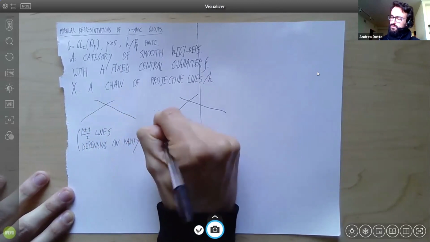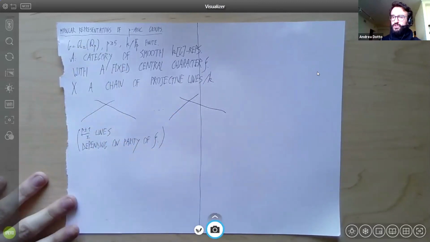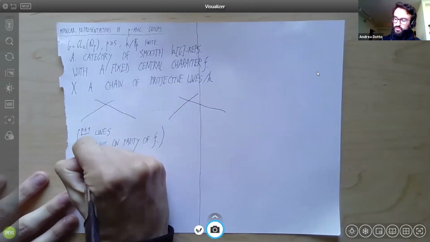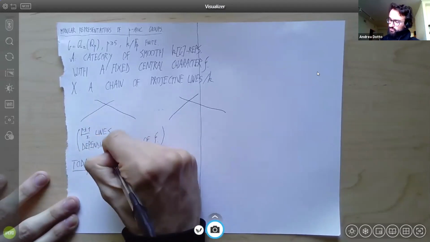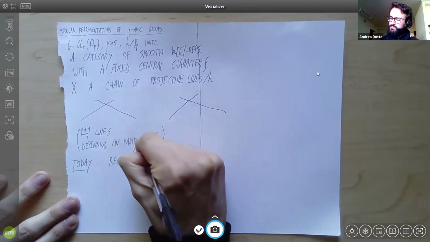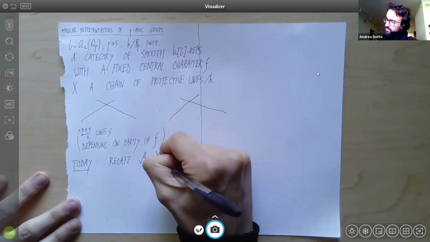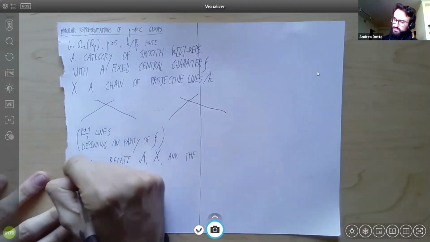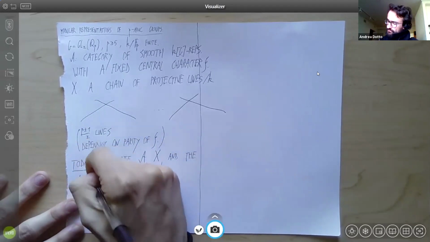And today's talk is about relating these two objects and also introducing a third player in this game. And the third player is going to be a moduli space of Galois representations. So today I want to relate this category A, this projective variety X, and the moduli space of two-dimensional modular representations of the absolute Galois group of Qp.